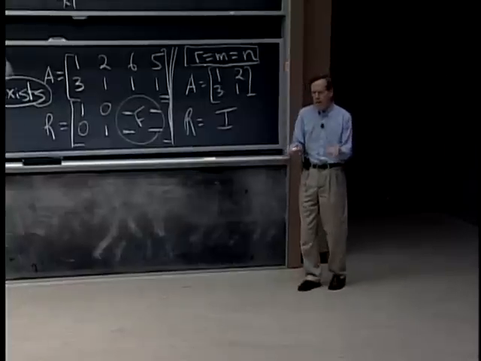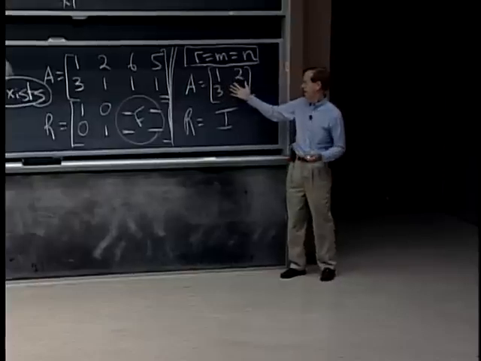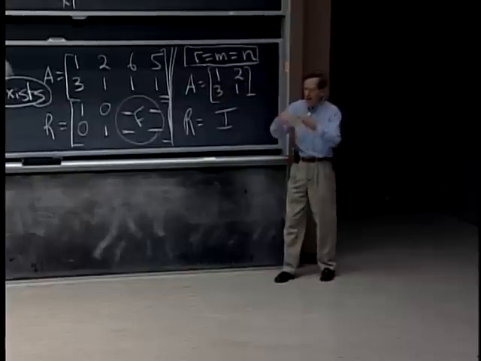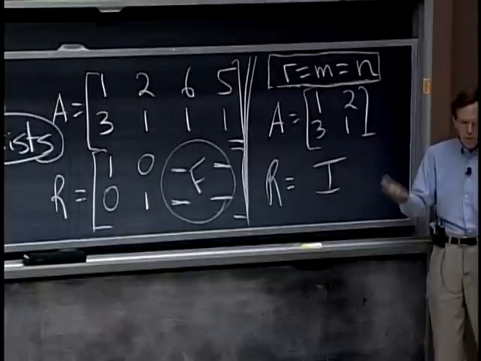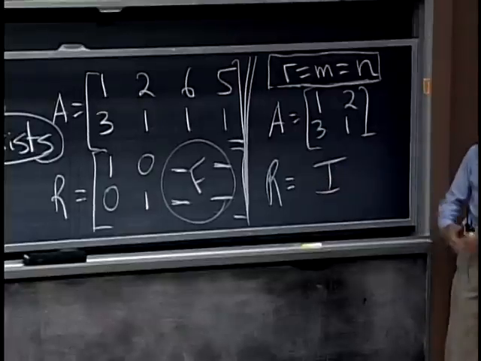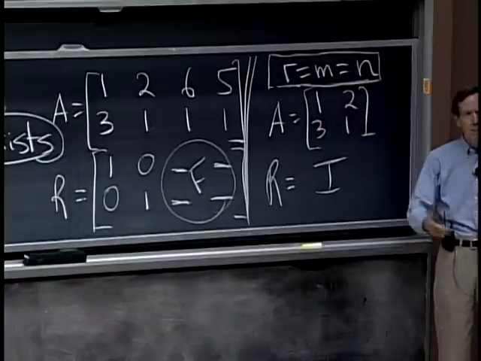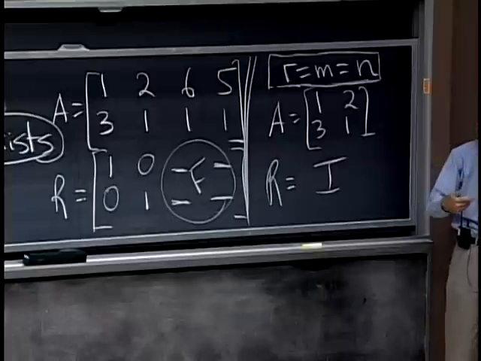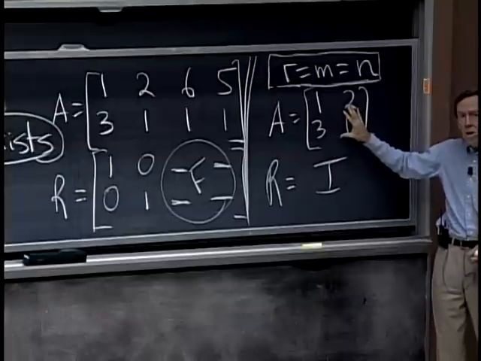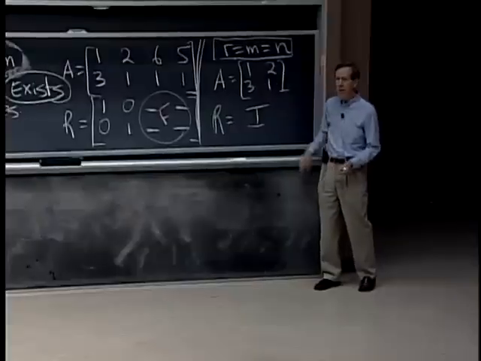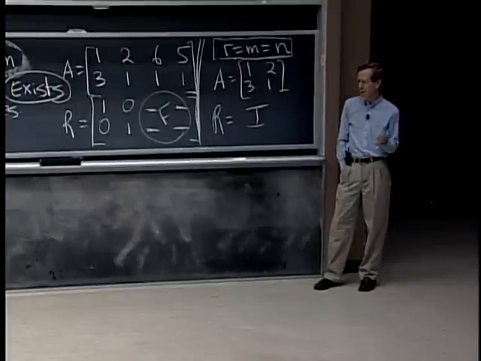So you see that the good matrices are the ones that kind of come out trivially in R. You reduce them all the way to the identity matrix. What's the null space for this matrix? Can I just hammer away with questions? What's the null space for this matrix? The null space of that matrix is the zero vector only.